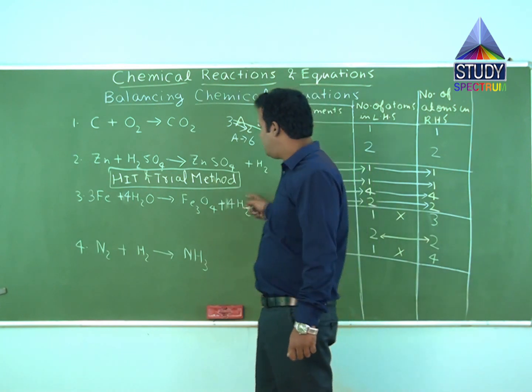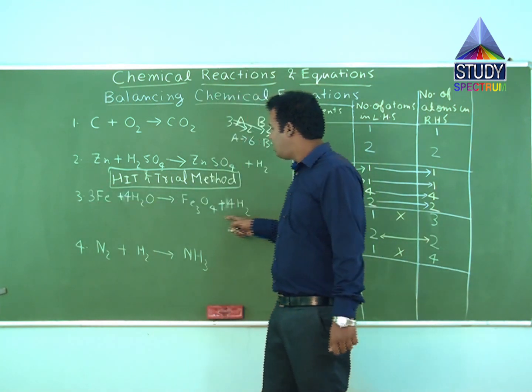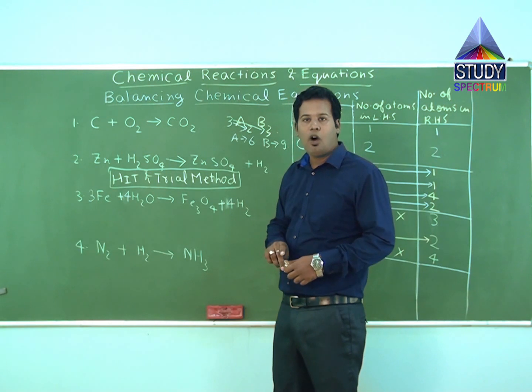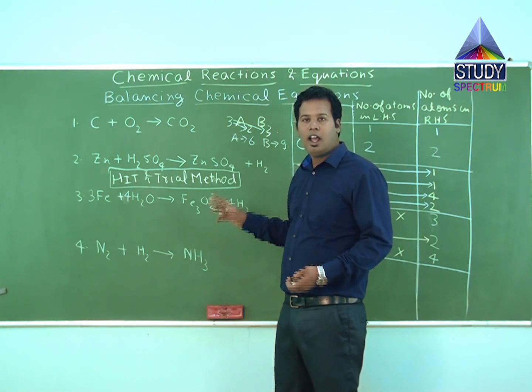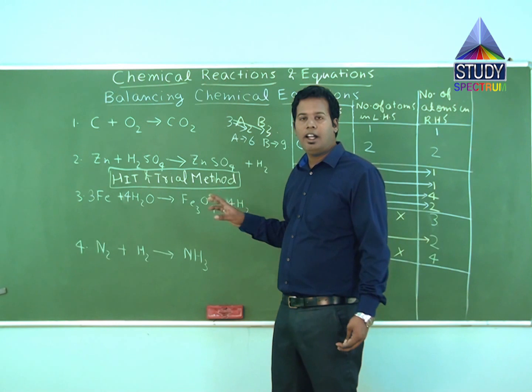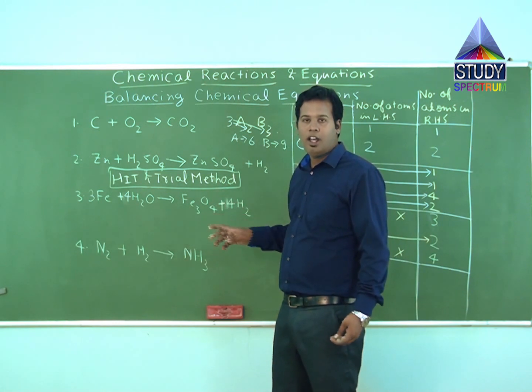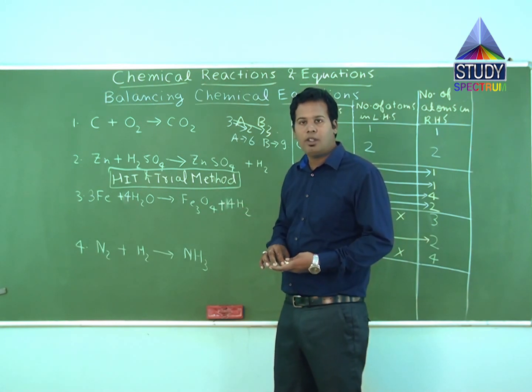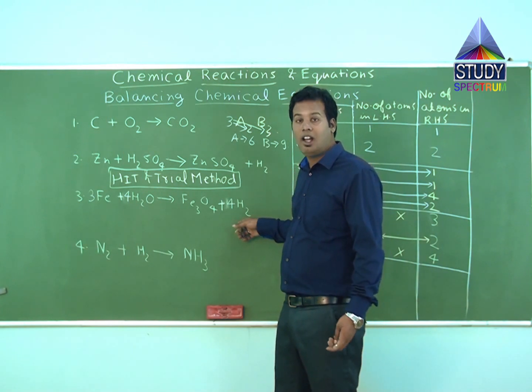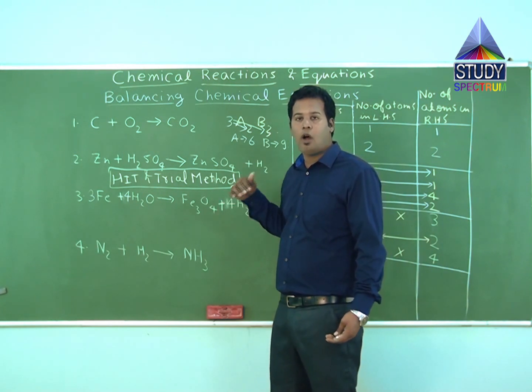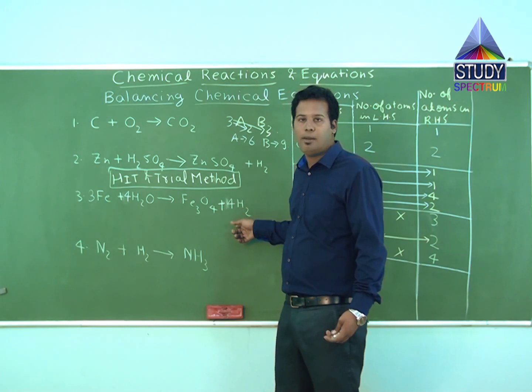Now again let us see this reaction and calculate the number of atoms of each element in LHS and RHS and see whether it is coming out to be the same or not. If it does not come out to be the same, it means the chemical equation is still unbalanced. If it comes out to be the same, it means the chemical equation is balanced.